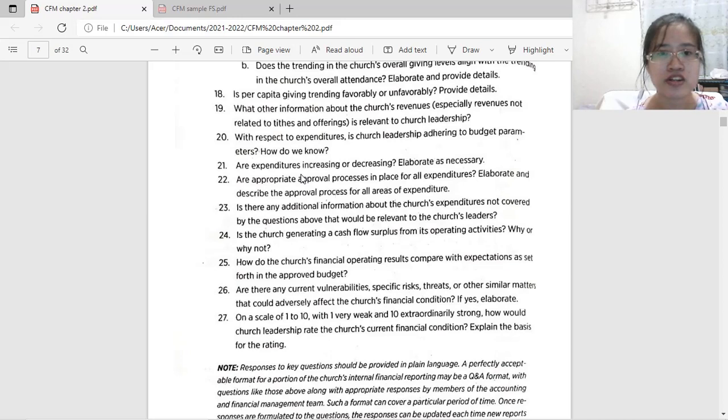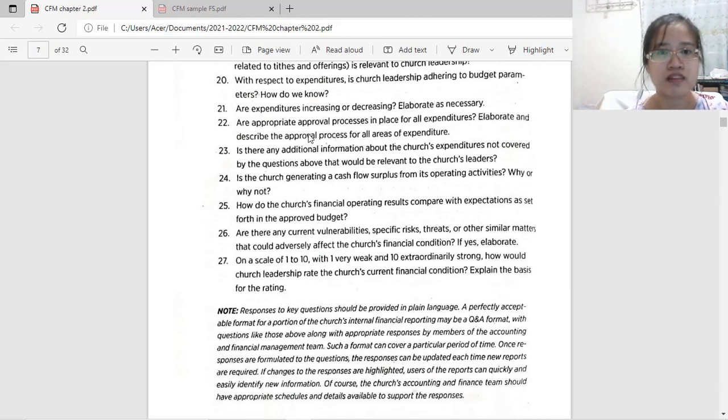Are expenditures increasing or decreasing? Is there an explanation on why that is the case? Are appropriate approval processes in place for all expenditures? Are we following the policy, or are they not strictly implemented? So again, that might be a cause for concern.